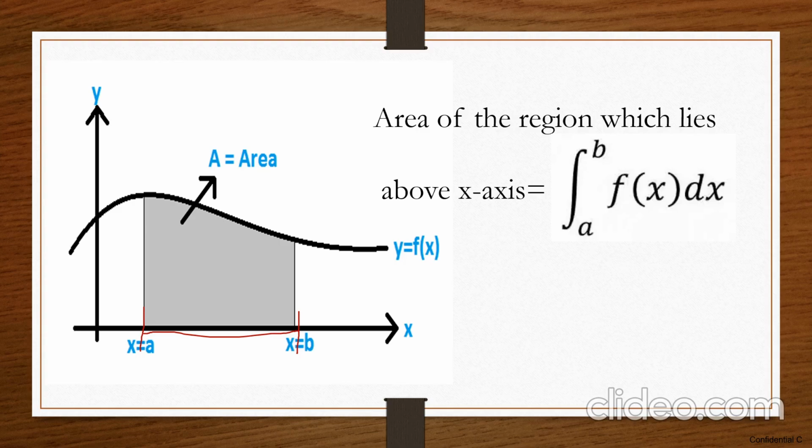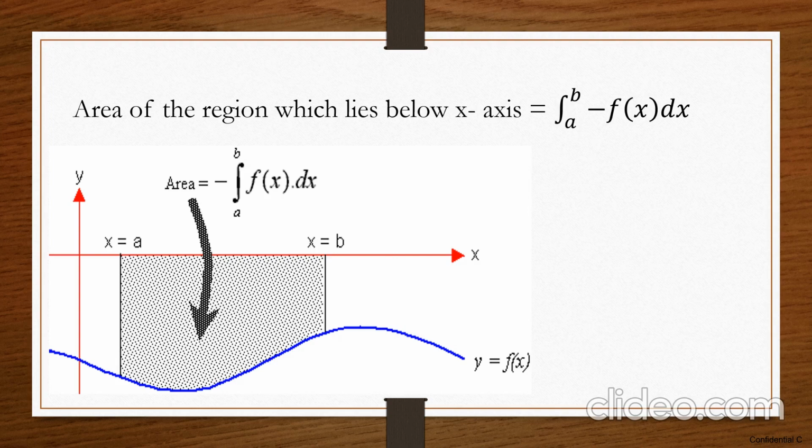First you have to think whether the formula is suitable for this graph or not. When your curve lies above the x-axis, you need to use integral of a to b f of x dx. You can clearly note this formula is only for the region which lies above the x-axis.